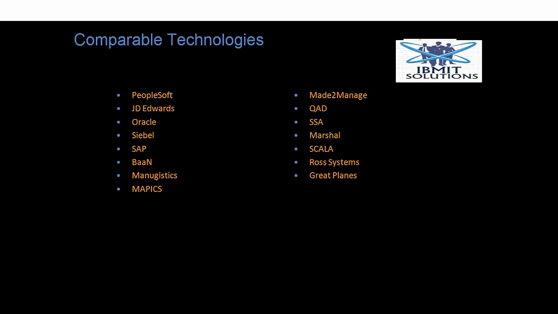Oracle Apps, and then PeopleSoft, and PeopleSoft acquired JD Edwards. Oracle acquired PeopleSoft, and Oracle also acquired Siebel. So they have four ERPs with them right now.